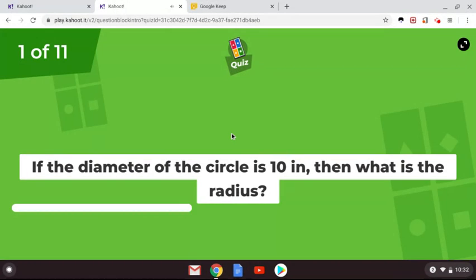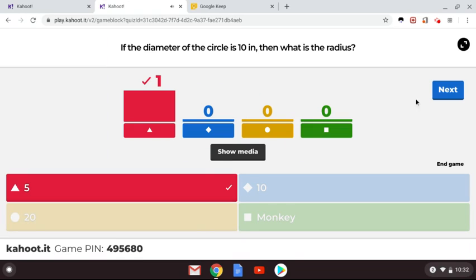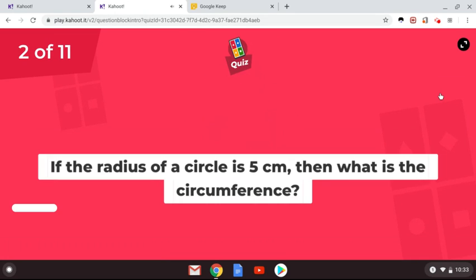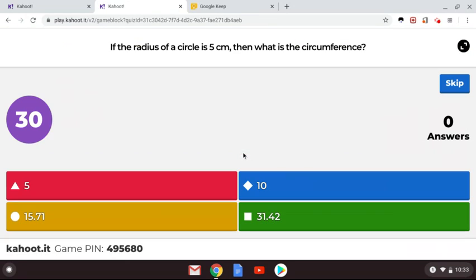If the diameter of the circle is 10, then what's the radius? Well, 10 divided by 2 is 5. If the radius of a circle is 5 centimeters, then what's the circumference?